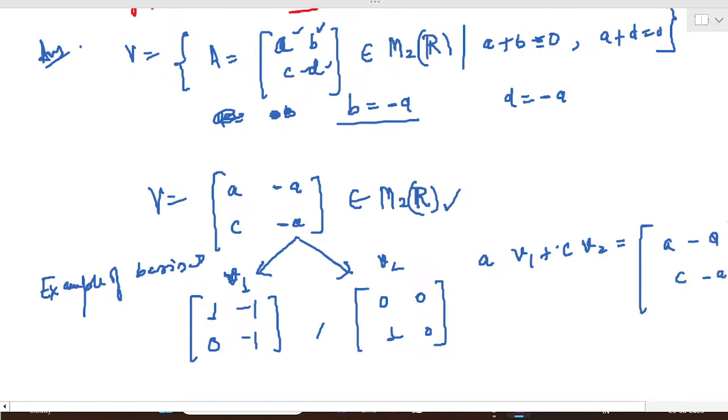One thing is clear, I can generate this particular subspace V with these two. Is that clear? Am I able to explain? What I want to convey is that this particular subspace V, which contains the matrices of the type A, minus A, minus A and C, can it not be generated by these two vectors V1 and V2?